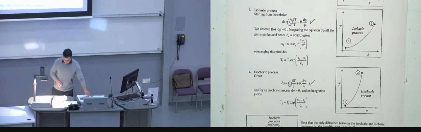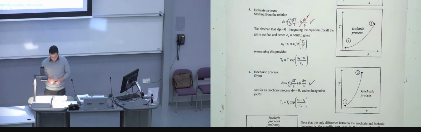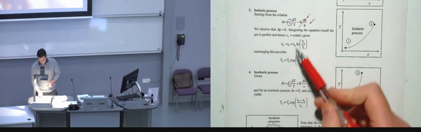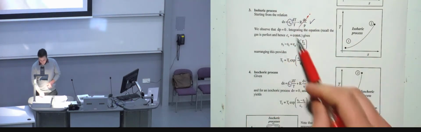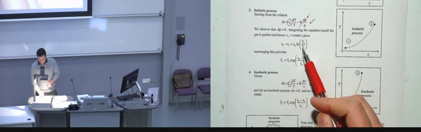So if you have an isobaric process, of course, the change in pressure is going to be 0. So that term disappears. And because Cp is a constant in a perfect gas, you can actually solve this integration, and that would be equal to S2 minus S1 equals Cp ln(T2/T1).